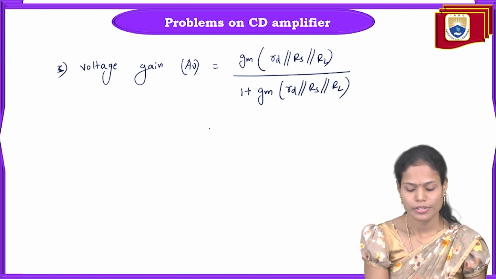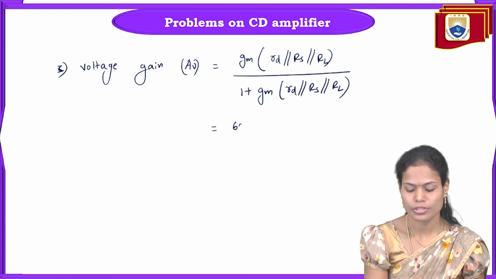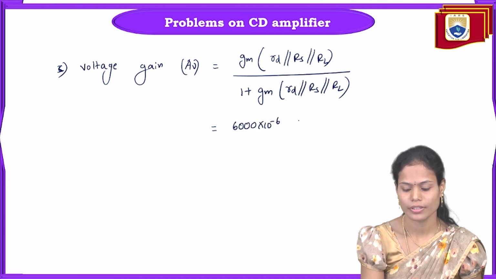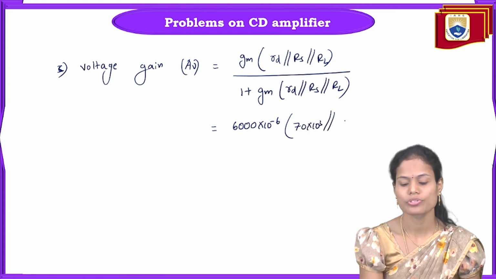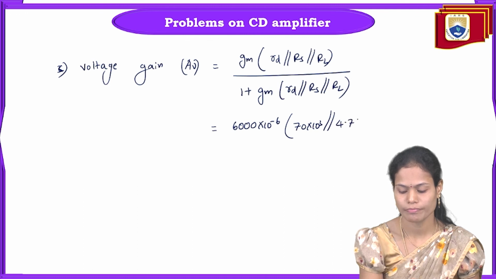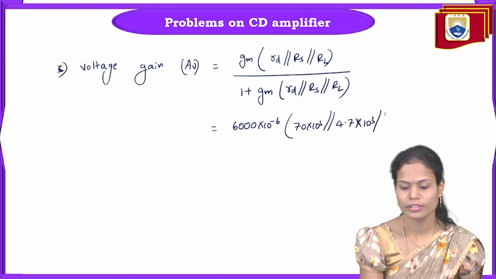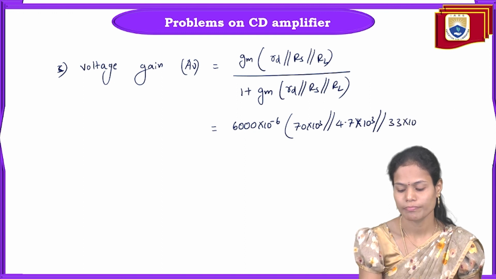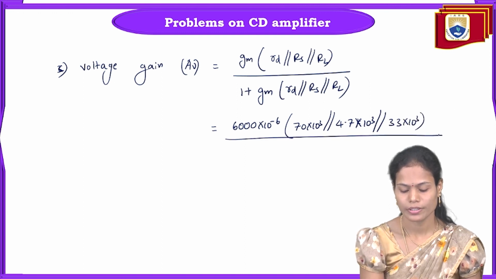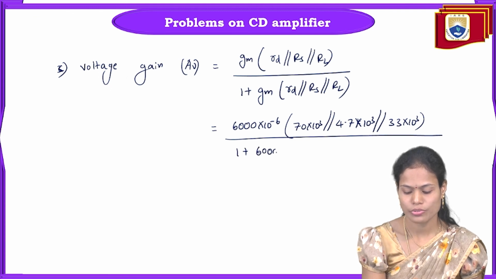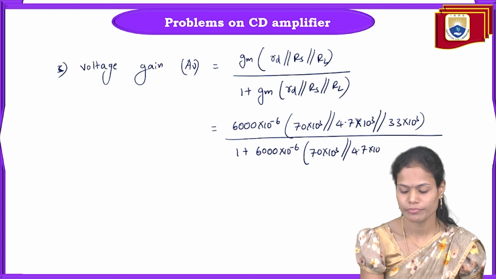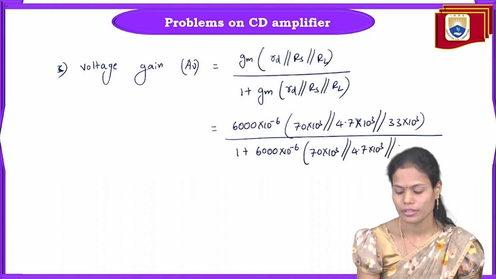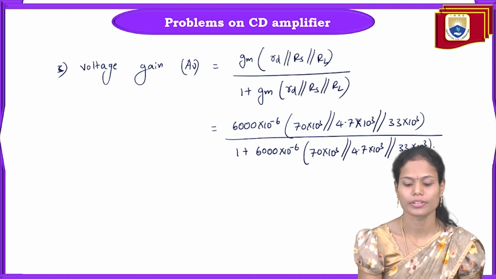The GM value here is 6000 into 10 power minus 6, the RD value is 70 kilo ohms, the source resistance is 4.7 kilo ohms, and the load resistance is 33 kilo ohms. Divided by 1 plus 6000 into 10 power minus 6 into 70 into 10 power 3 parallel with 4.7 into 10 power 3 parallel with 33 into 10 power 3.